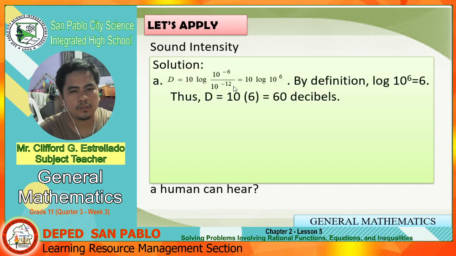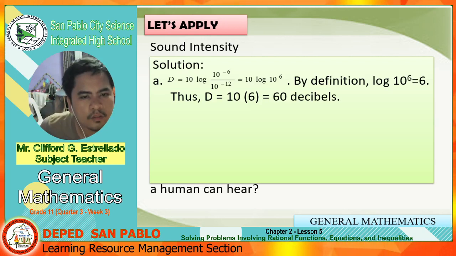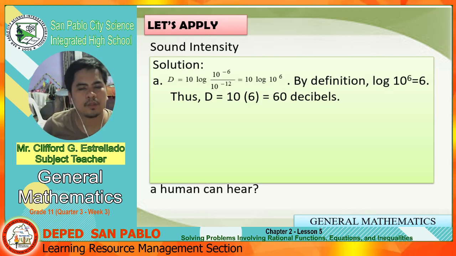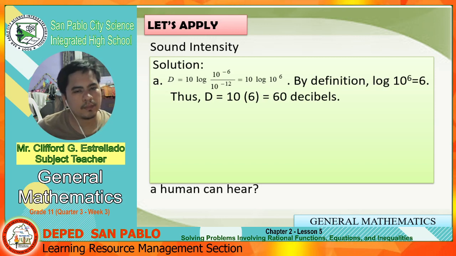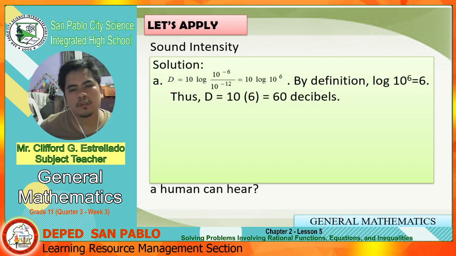For our solution, our D, we have the formula is equal to 10 times logarithm of 10 raised to negative 6 over 10 raised to negative 12. And this is equal to 10 times the logarithm of 10 raised to 6, since negative 6 minus negative 12 is equal to negative 6 plus 12, so 6. So, by definition, logarithm of 10 raised to 6 is equal to 6.